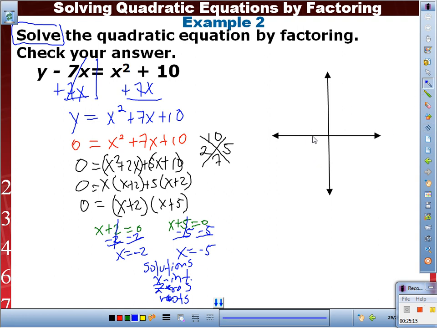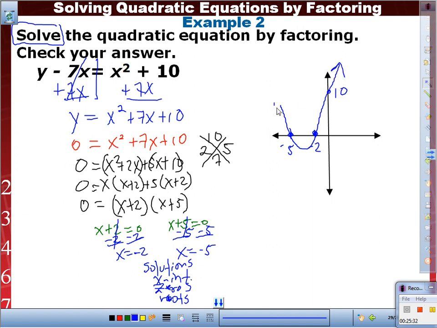Let's see, -2, -5, and my y-intercept is, everyone? 10, from left to right. Hands if you got that, and you know how to check, yes? Okay.